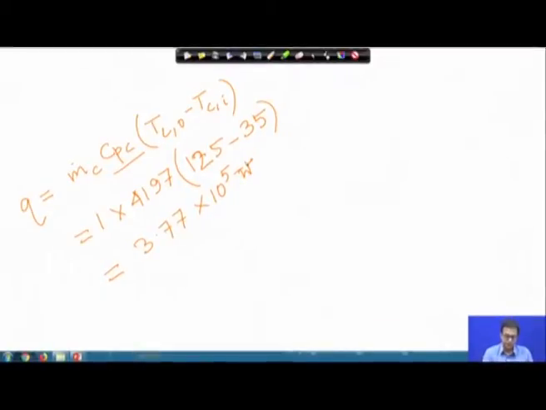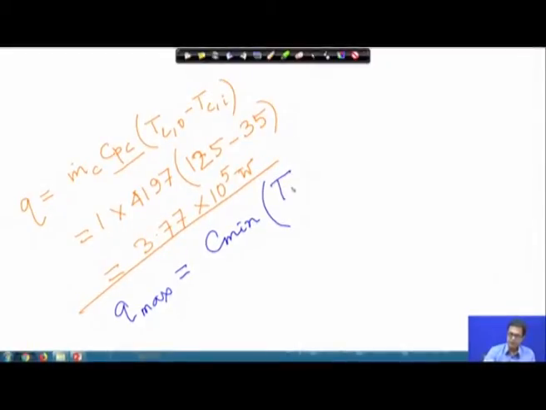Now, we also need to find out the Q max. How do we know Q max? That is equal to C min multiplied by the maximum difference in temperature that can be obtained. So, that is equal to T hot in minus Tc in.